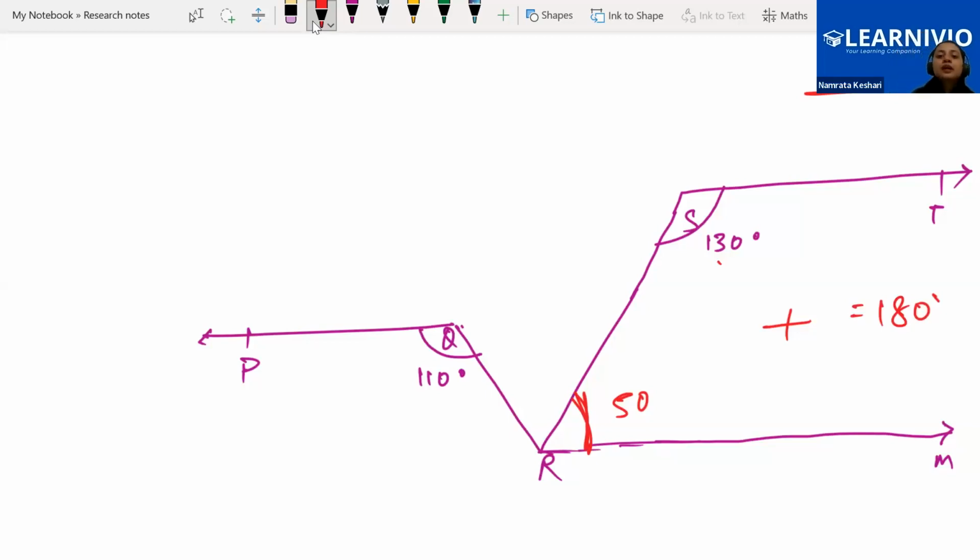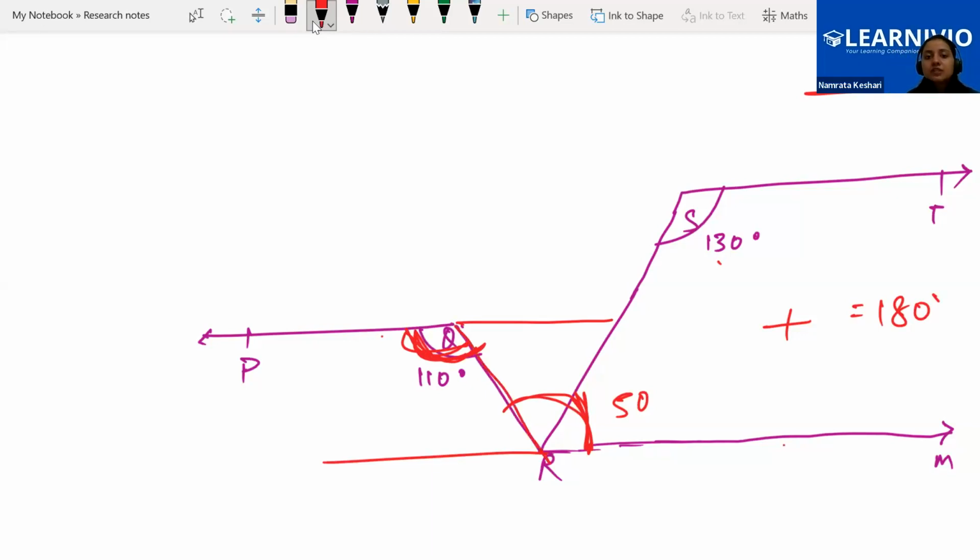Then what we are doing? We are taking the parallel lines PQ and RM. Even without extending, you must be clear that this angle and this angle are alternate interior angles. If we stretch a little bit, you will be able to understand.